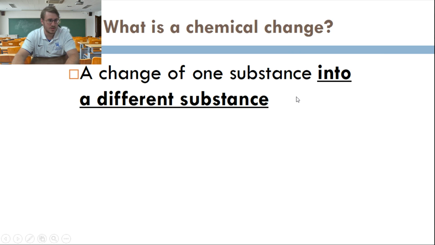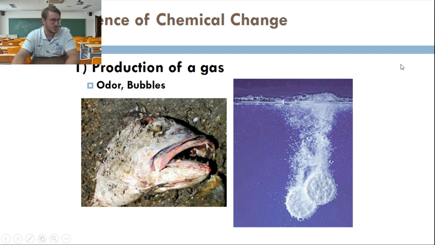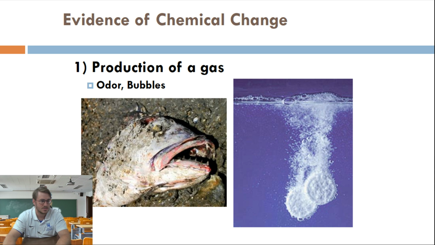So first we have to address what a chemical change is. It is when a substance changes into a different substance altogether. Verb examples like this: explode, rust, oxidize, corrode, tarnish, ferment, burn, rot. Pause and reconsider those if you need to. So the first evidence of a chemical reaction is that there's a production of a gas.